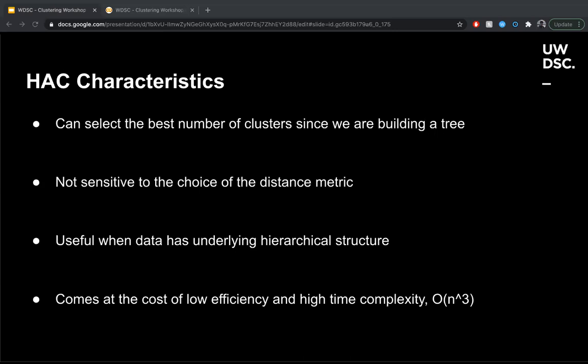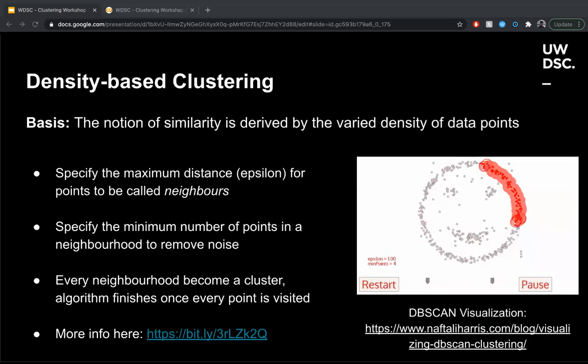And so that is just another nice to know when you consider your own projects and whatnot. So I'm going to talk about density-based clustering here, and then distribution-based clustering in the next slide.